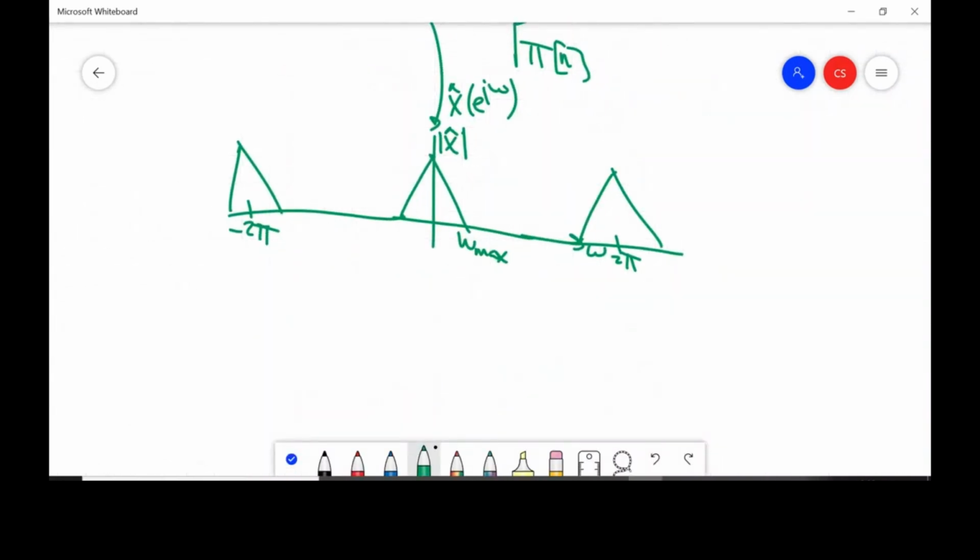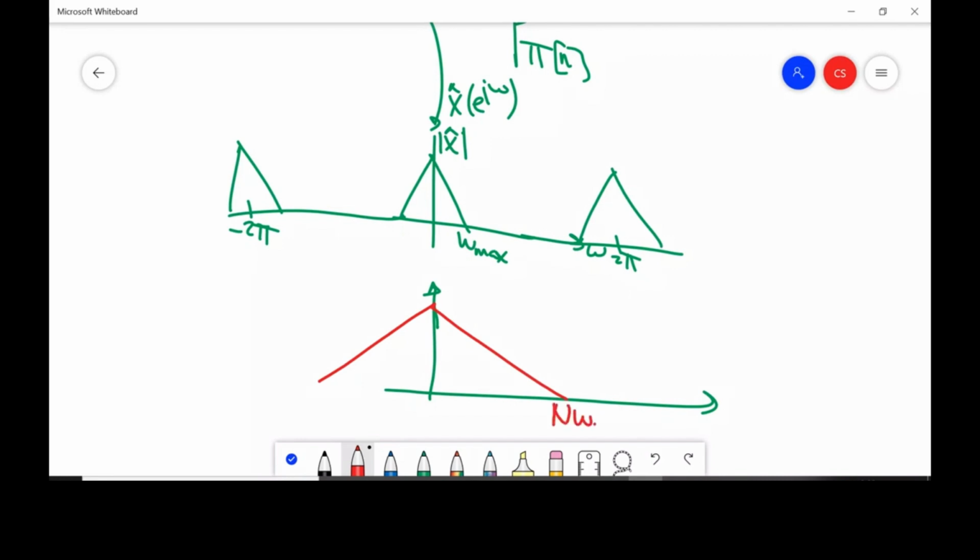What will happen with the spectrum? It will be enlarged by a factor n. So now this point is n omega maximum.